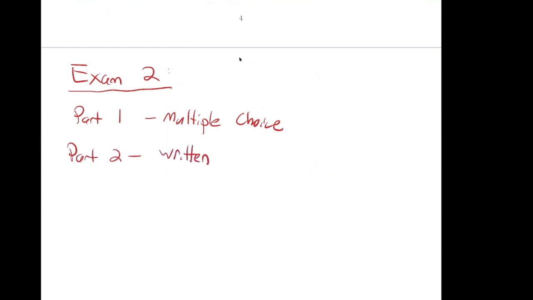So let me just say, you certainly should be prepared to do an induction proof or proofs. You should also be prepared to prove something is or isn't a relation, what we've just been talking about now.